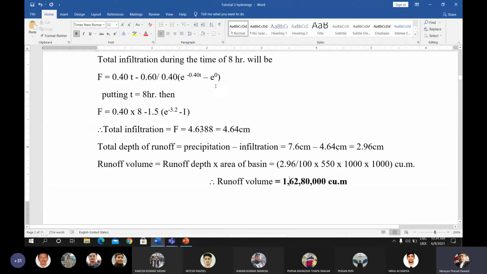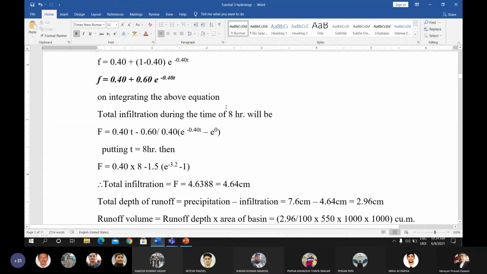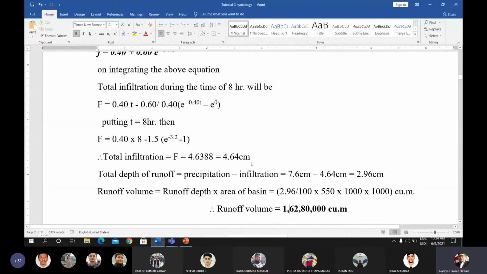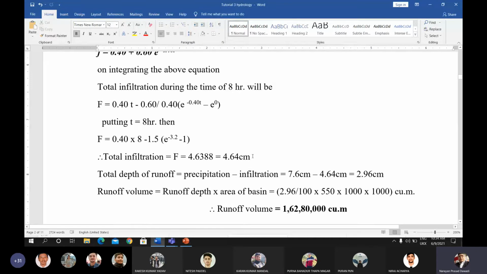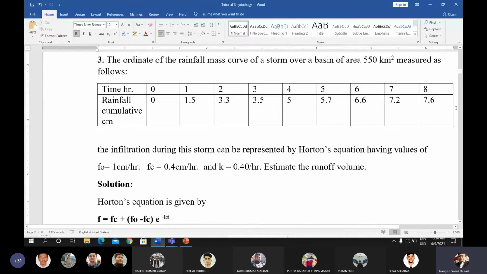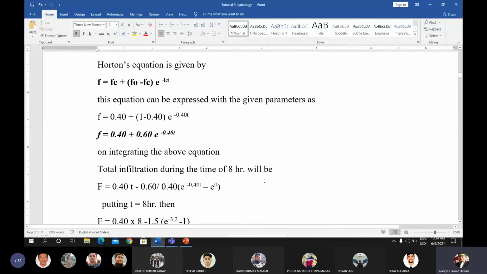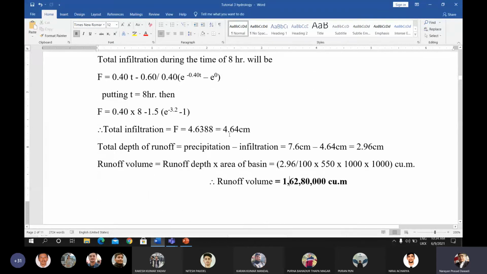Total volume of runoff. Now, look at this. Total depth of infiltration is 4.64 centimeter in 8 hours. This depth is all over the catchment area. Now the total rainfall depth is 7.6 centimeter, and the total depth of infiltration is 4.64 centimeter.